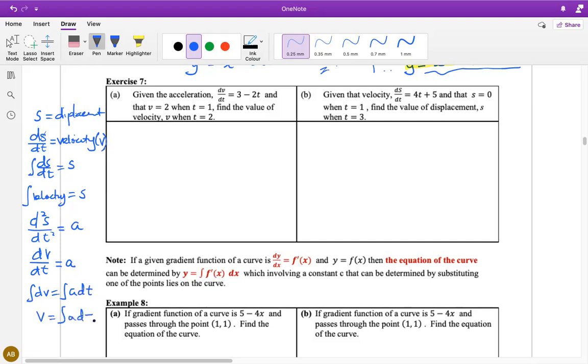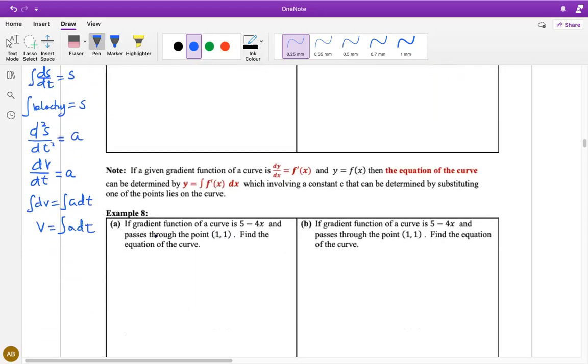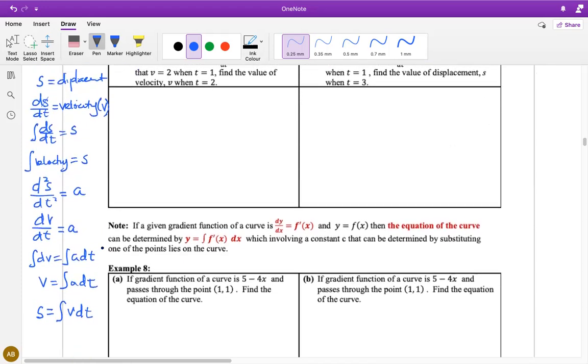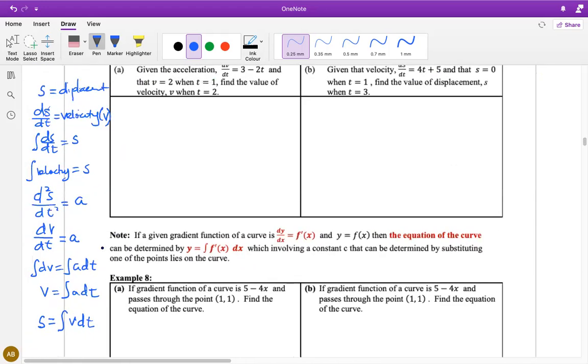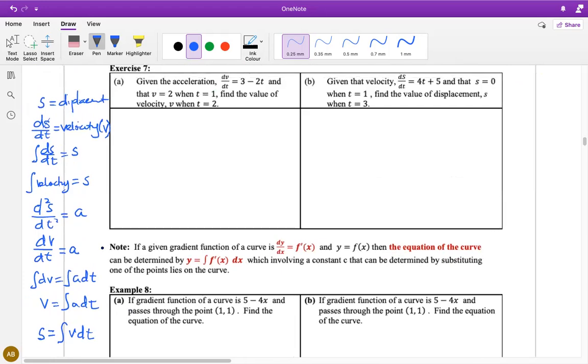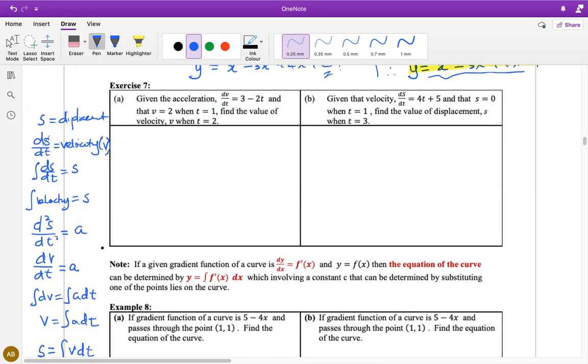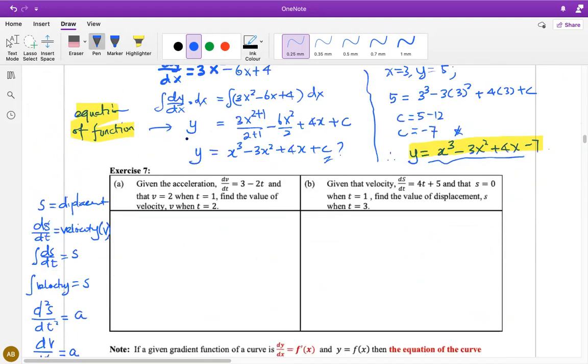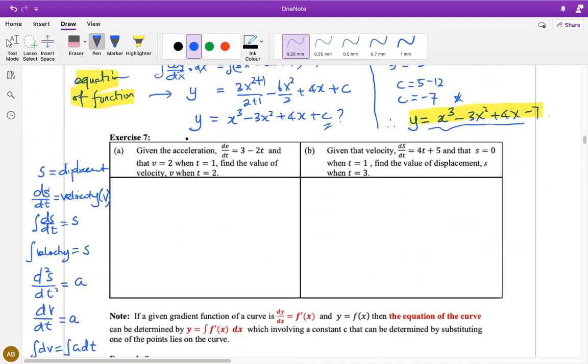If I want to get back my s, I have to integrate v with respect to t. You already learned this in physics, and you are going to learn this again in Motion Along a Straight Line, chapter 7. So apart from the equation of the curve, it will be applied in velocity, acceleration, and displacement.